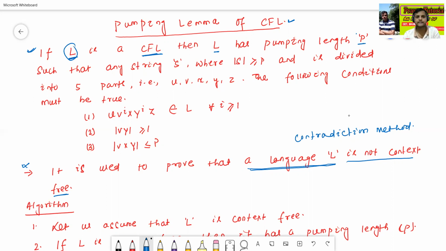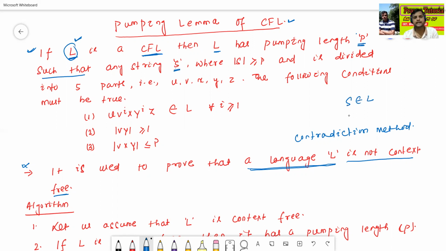If L is a context-free language, then L has pumping length P such that any string S must belong to this L.